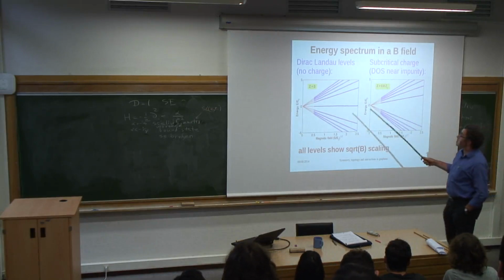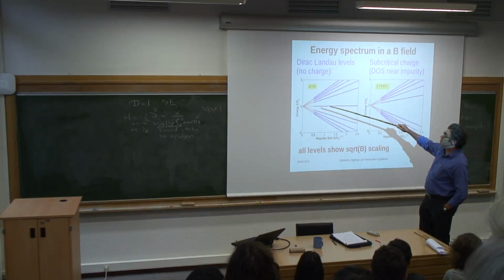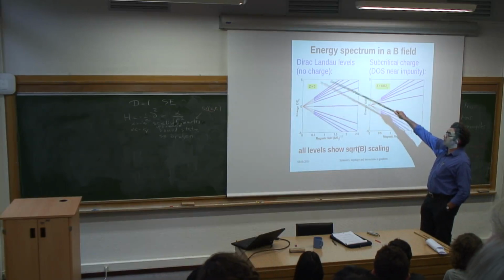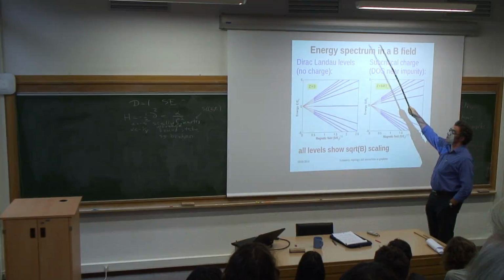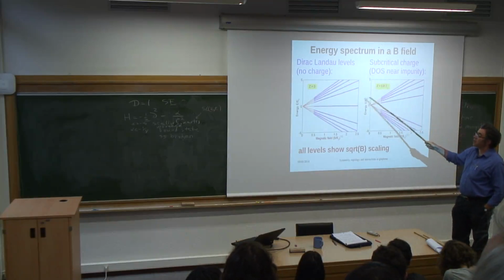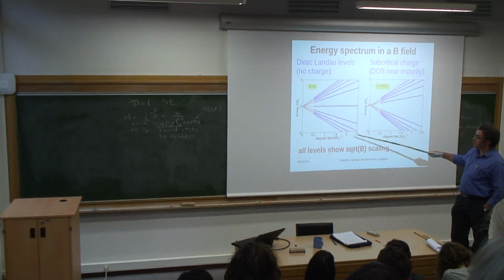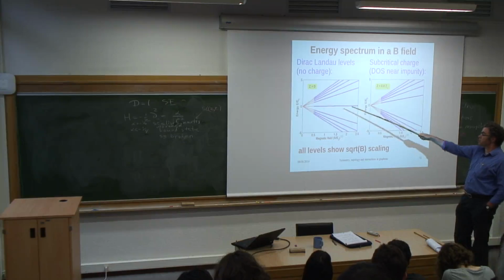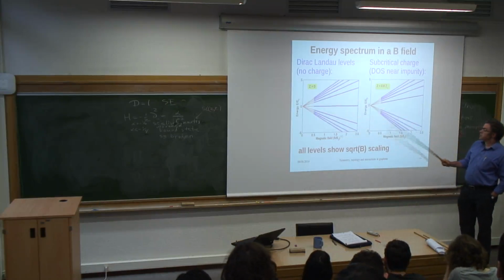However, the energy scale for this regularization is much larger than what we are looking at. It may be 10 times larger in this case. And so you see that at energies which are 10 times smaller than the UV regularization scale, you have a very good scaling of all energy levels with square root of B, and even values match Landau levels, so the simulation is working.